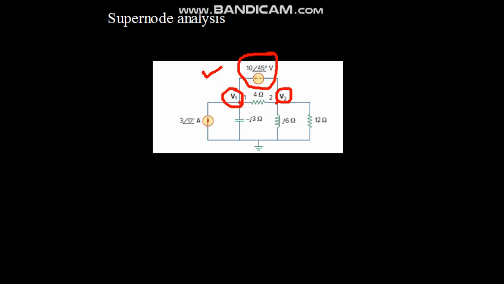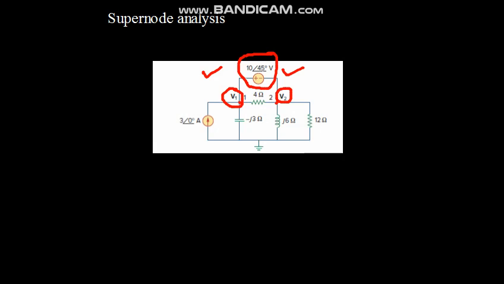If an external voltage source is added between two nodes, then we call it a supernode situation, and the analysis will be supernode analysis.